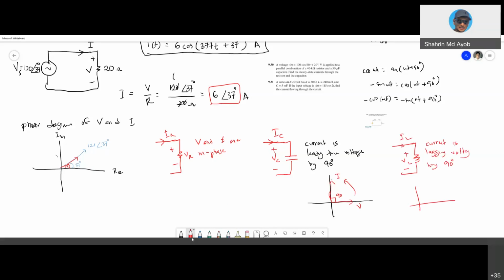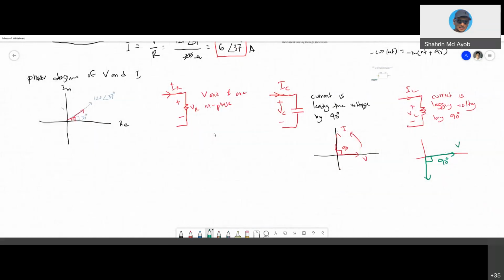So if you draw here, meaning that maybe this one is your voltage, and this is your current. Okay, so the current is actually lagging the voltage by 90 degrees.